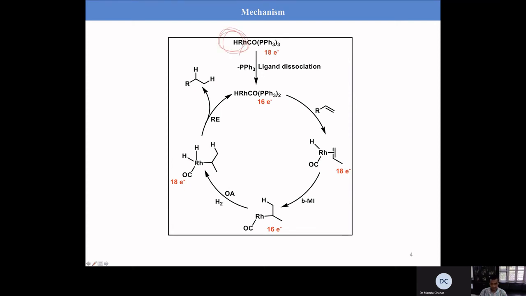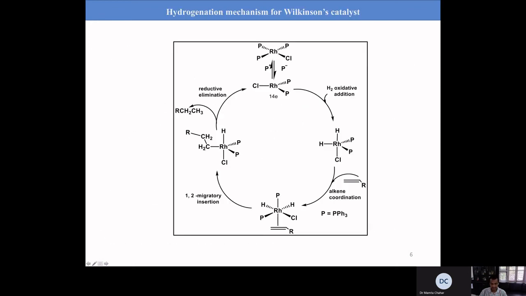So hydride is already in there. But with a dihydride catalyst, there is no hydride present to start with, nothing. As you can see, none of the starting materials has hydride. So this is when oxidative addition of hydrogen becomes very, very critical.